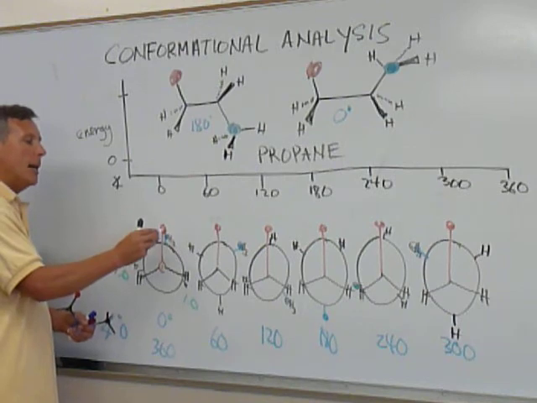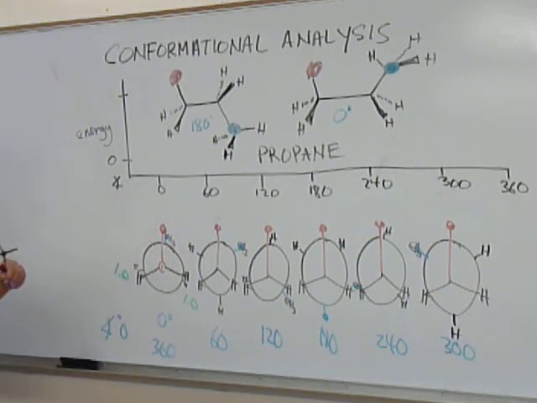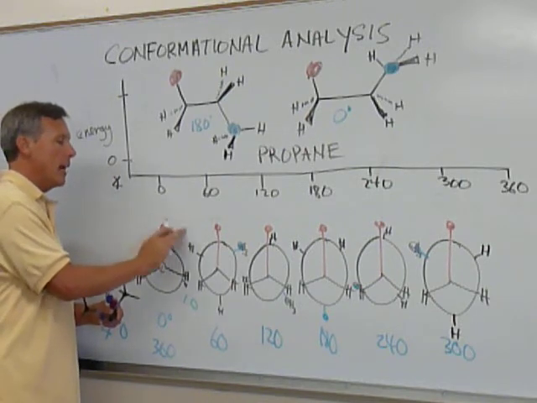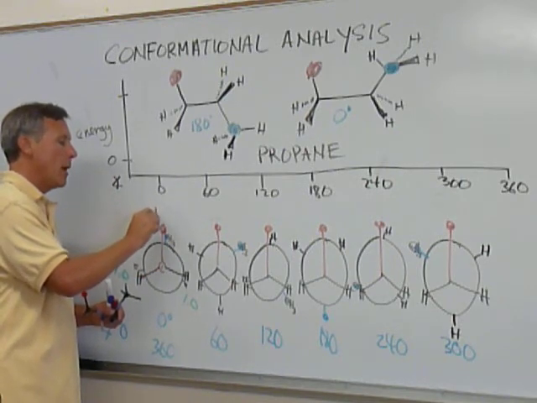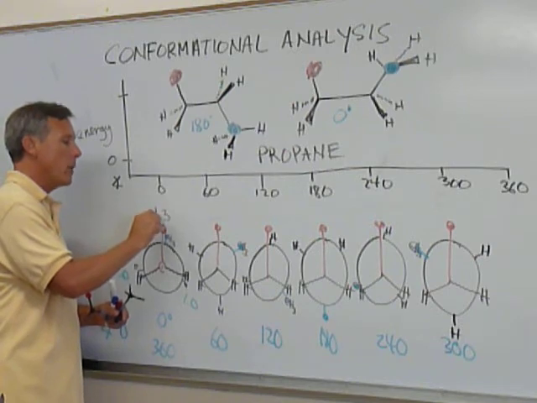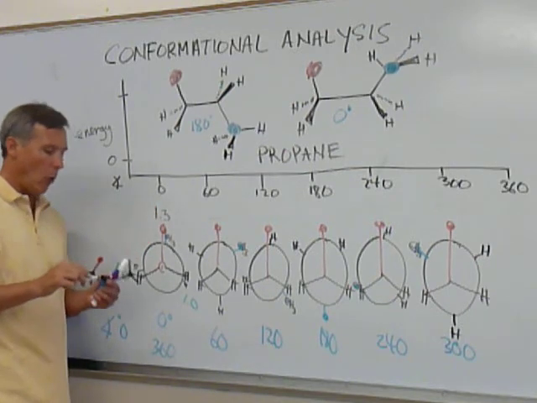However, red hydrogen and CH3 has a measured value of eclipsing energy that adds to the torsional strain as being 1.3 kcals per mole.